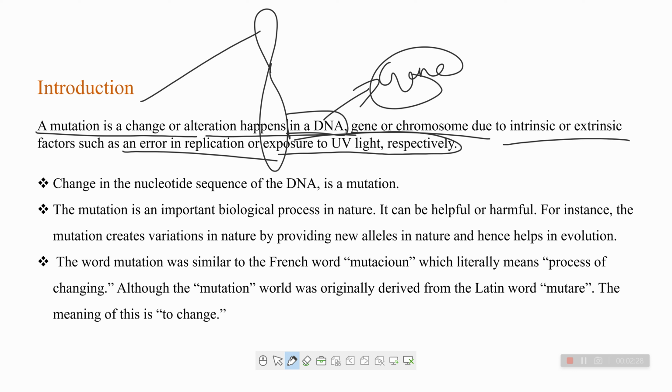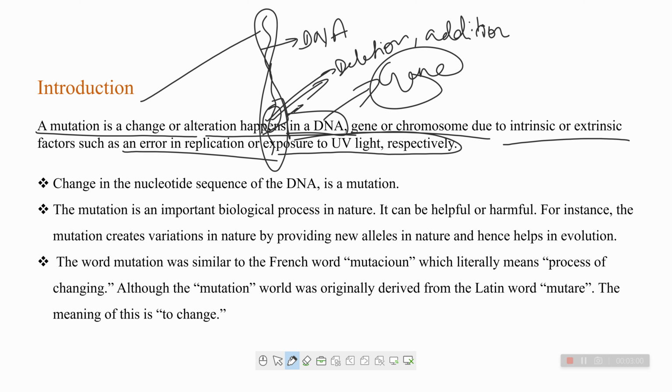This is our chromosome, and in the chromosome this is the DNA. So if any mutation occurs in this chromosome, it means mutation occurs in DNA. Mutation in DNA means either deletion of a nucleotide, or addition of a nucleotide, or inversion, meaning the places of the nucleotides change.